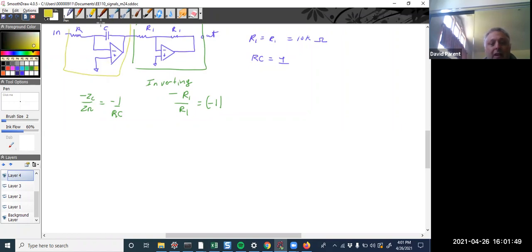I just recognize that. And so the total, V out over V in, is going to be positive, and it's going to be just 1 over RCS, okay? Which is an integrator, which is out of control.